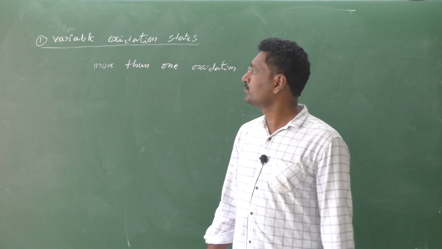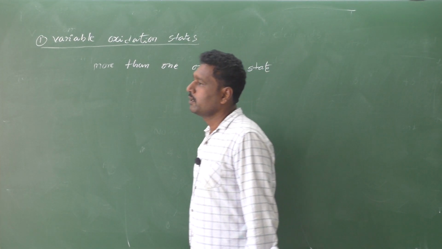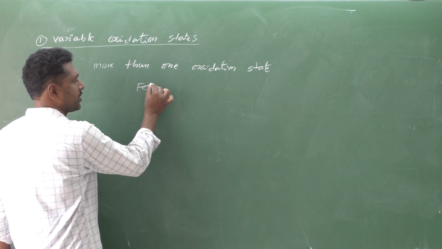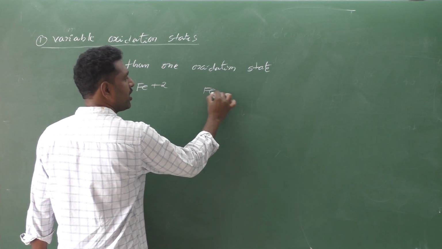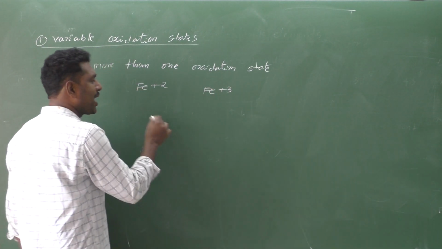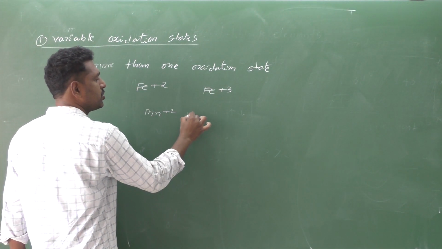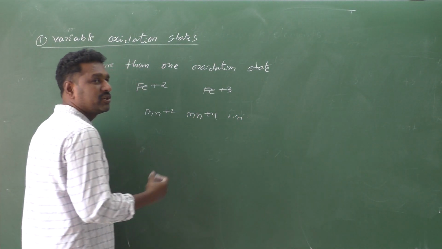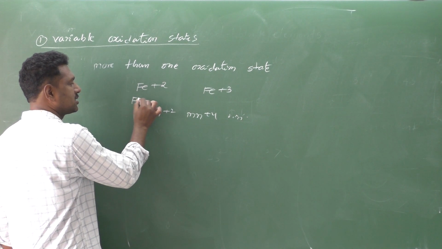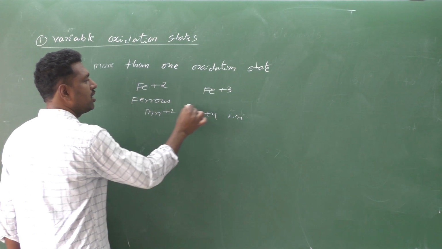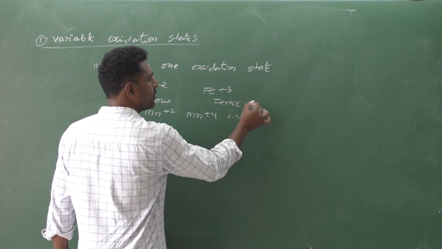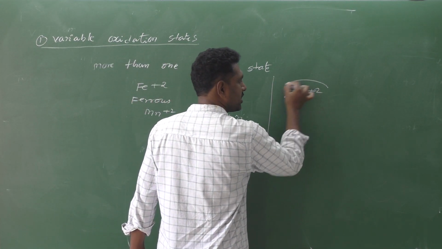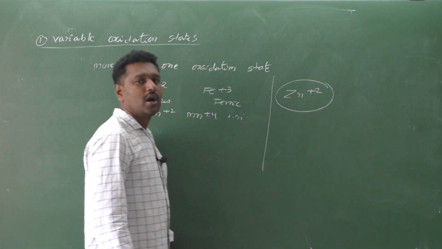For example, iron exhibits Fe plus 2 and Fe plus 3. Manganese can exhibit Mn plus 2, Mn plus 4, up to Mn plus 7. Zinc, however, shows only one oxidation state, Zn plus 2.